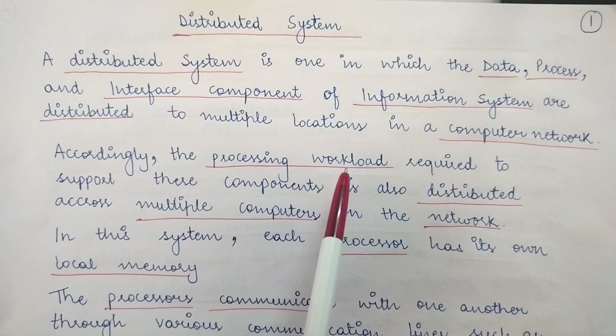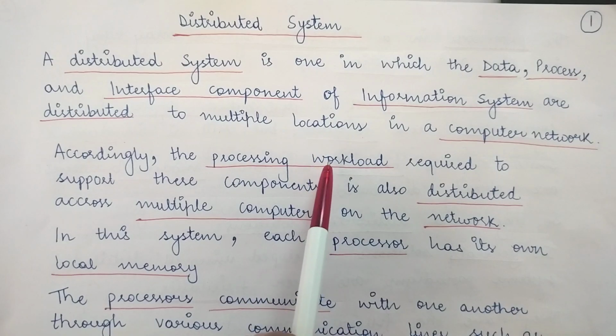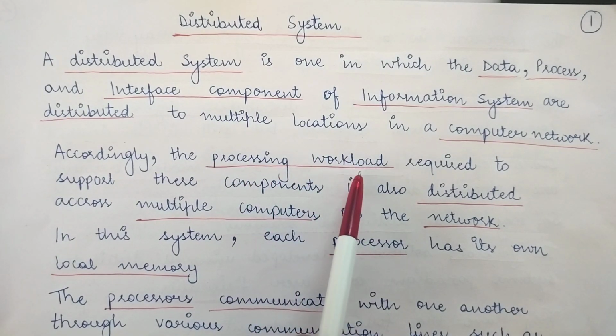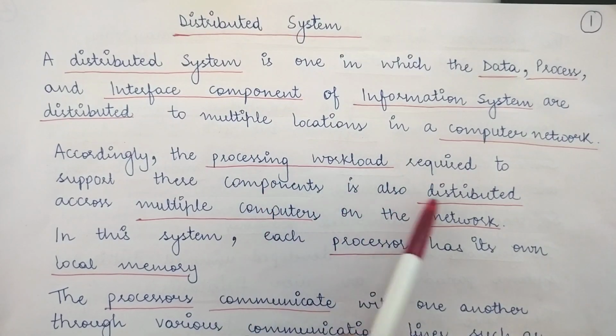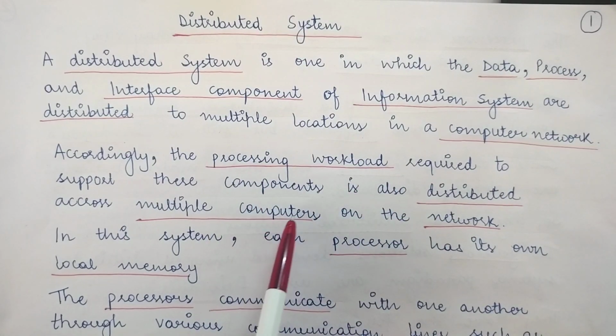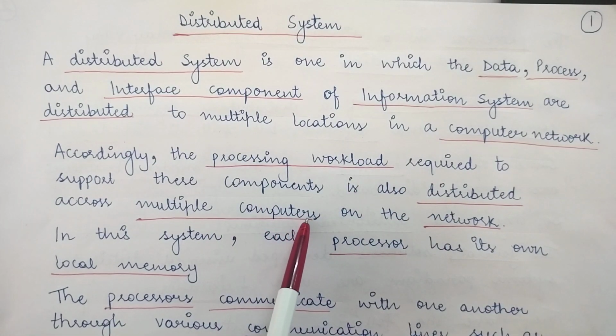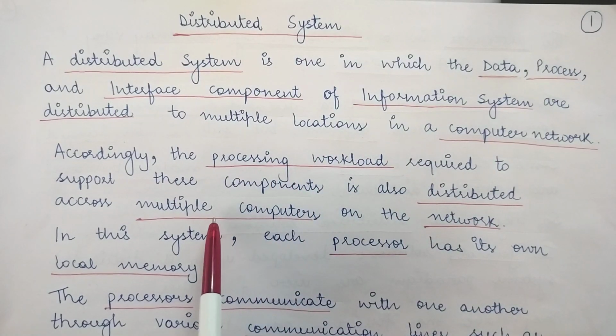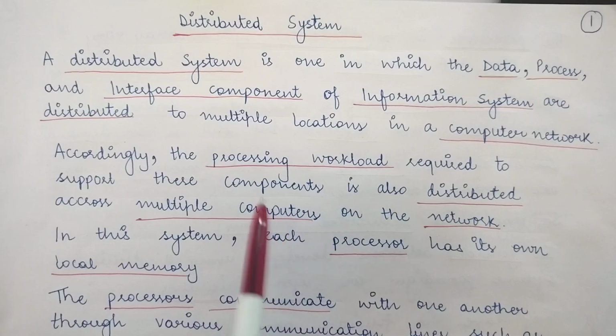So the processing workload is not concentrated at one location, but like the components, is distributed across multiple computers or multiple locations on the network. When I say multiple locations, that basically means multiple computers.